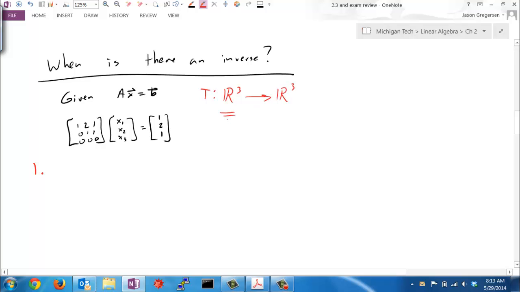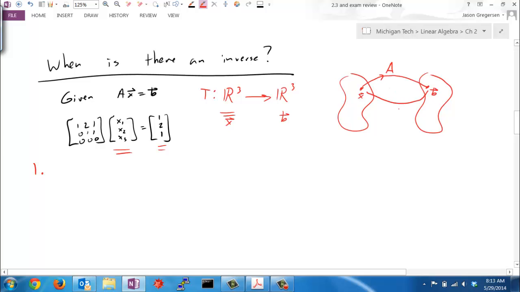We're taking x values, which are three-dimensional, and we're mapping them to b values, which are also three-dimensional in this case. So we're mapping from one space to another space. We're taking this x value, we're mapping it over here to this b value. And if there's an inverse, the inverse is our multiplication by A. If there's an inverse, the inverse will take it the other direction. It will map some b over to some x.